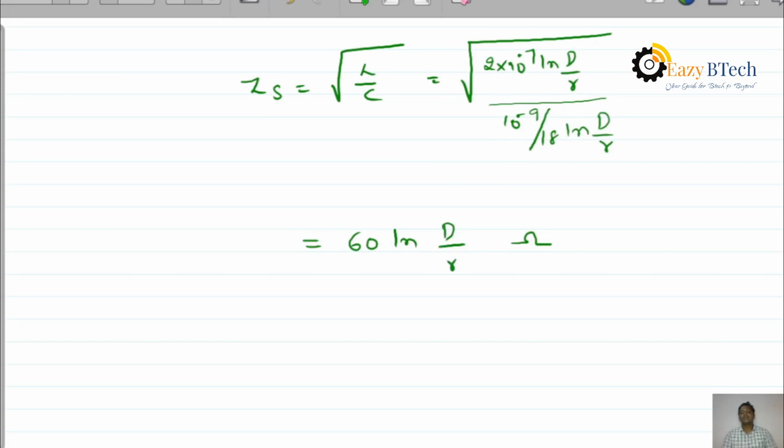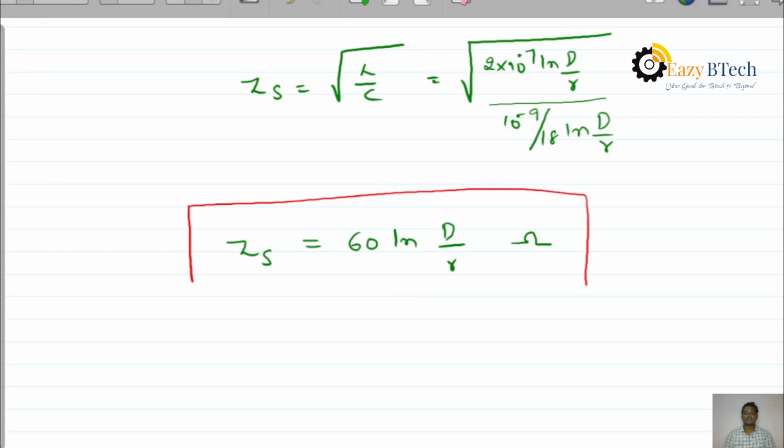If you know D, we can get the characteristic impedance for overhead transmission systems. This is the formula for calculating surge impedance or characteristic impedance of an overhead transmission system.